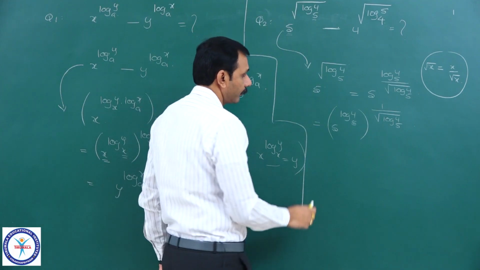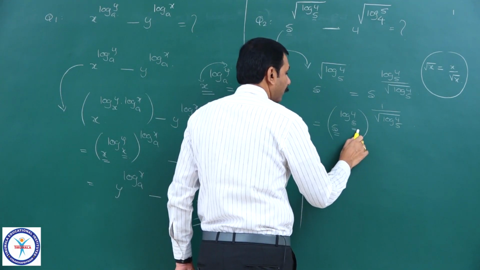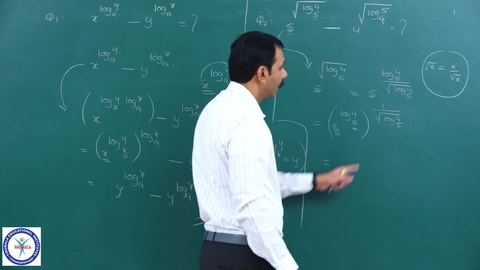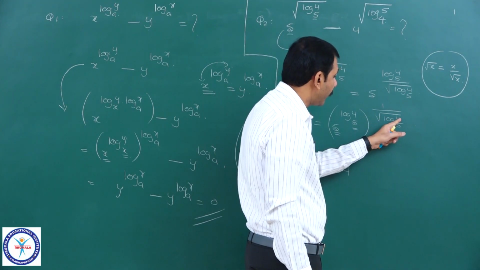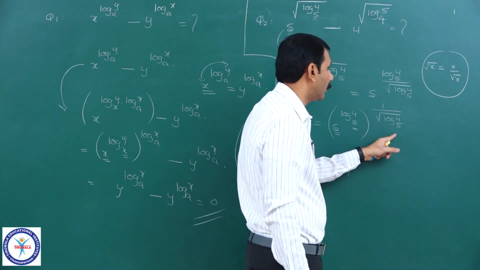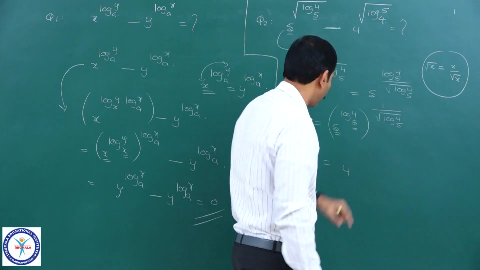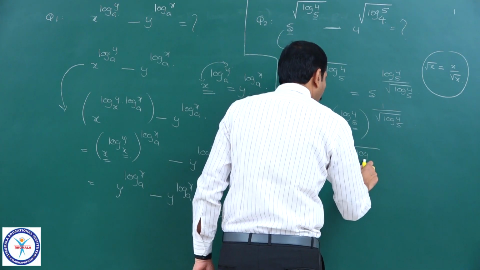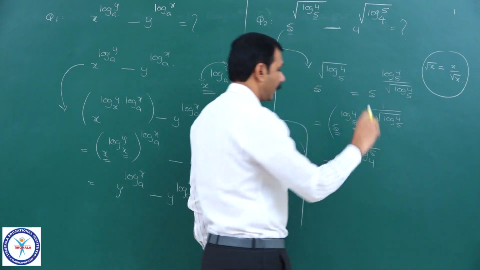Now again, it is 5, therefore this value equal to 4 power log 4 to the base 5, 1 by log 5 to the base 4, and it will come to numerator. 4 power root of log 5 to the base 4 I can write.